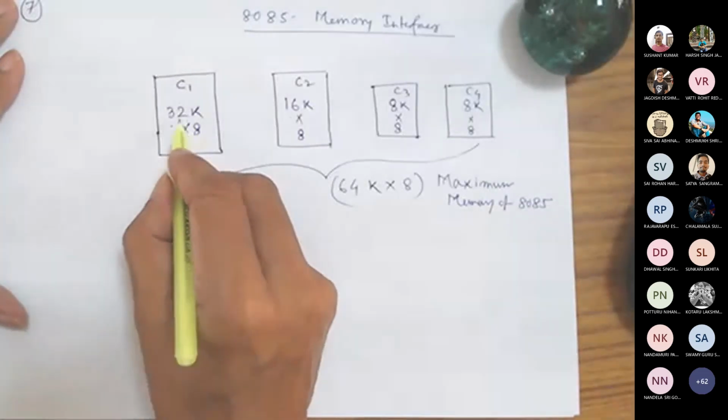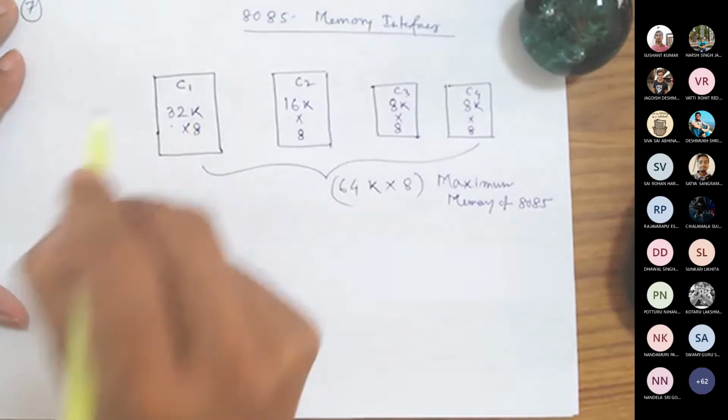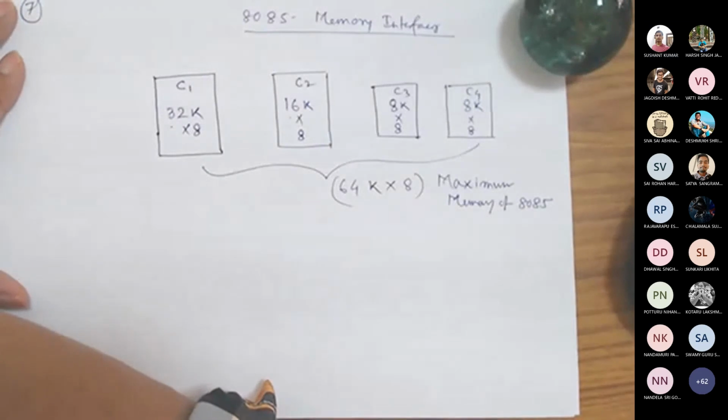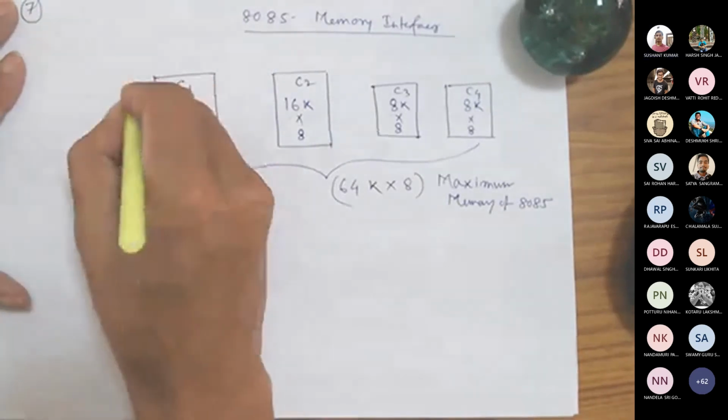This is 32K. So how many address lines are needed for this? How many address bits are needed for this 32K? 15. Yes, 15.